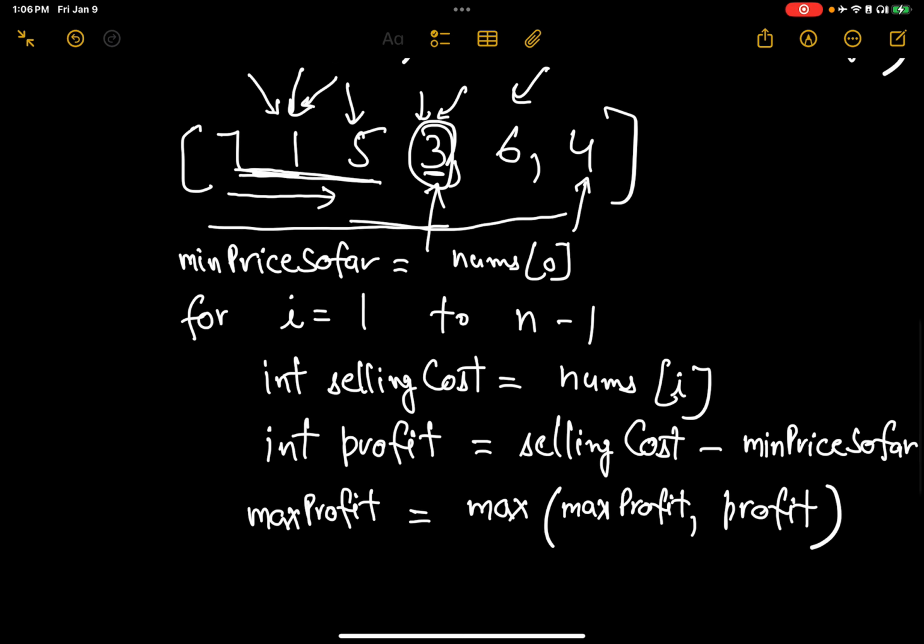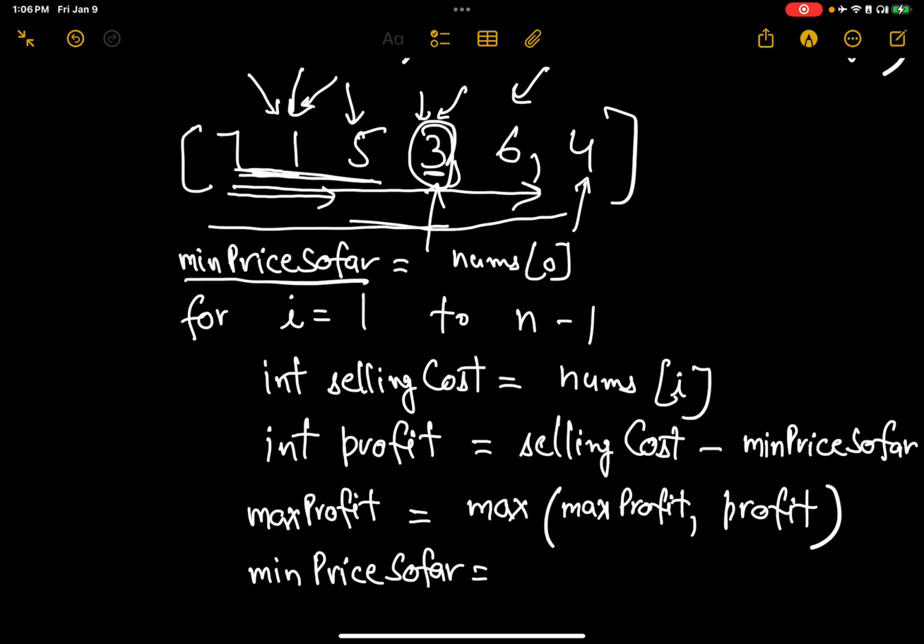And by the time I'm going from left to right, I have to update my min price so far. So for the next iterations, I'll just update my min price so far equal to the minimum price, right? So it would be the min of min price so far, comma, whatever is the current price here.